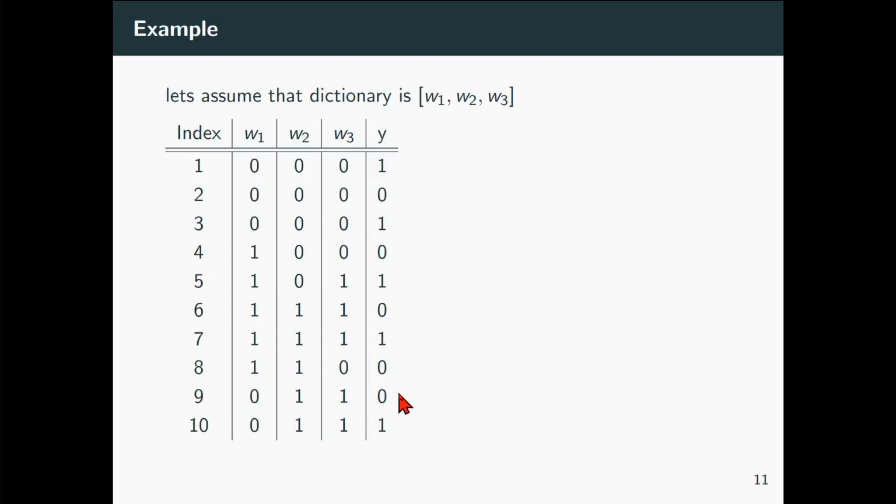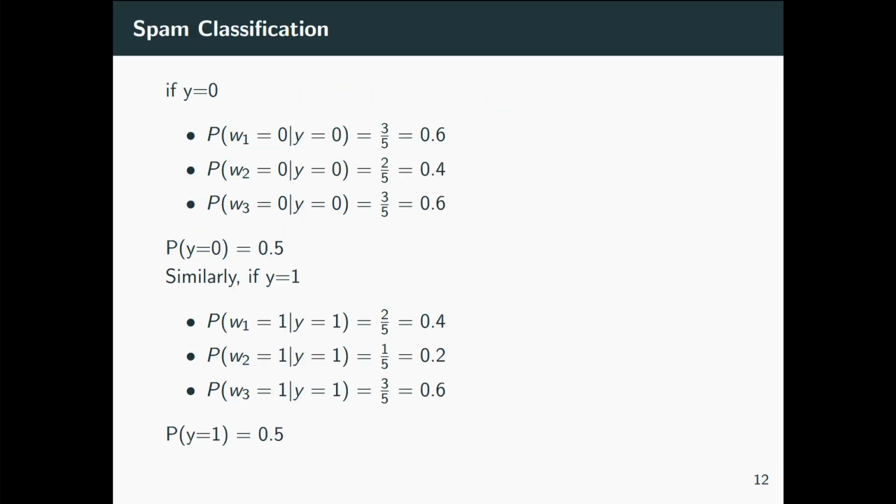So out of the 5 examples in which y equal to 0, we have 3 examples where w1 equal to 1 and 2 examples where w1 equal to 0, right? So the probability of w1 equal to 0 given y equal to 1 is 2 over 5, and the probability of w1 equal to 1 given y equal to 0 is 3 over 5.